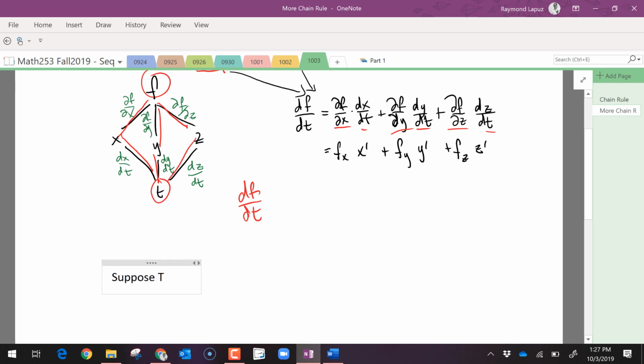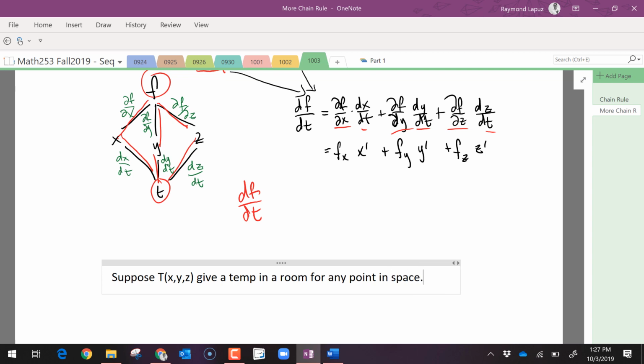Suppose T of XYZ gives a temperature in a room for any point in space. Suppose I have a formula for the temperature in this room. Let's say there's a heat source somewhere, maybe at the origin. Then I can describe the temperature at any point in this room.